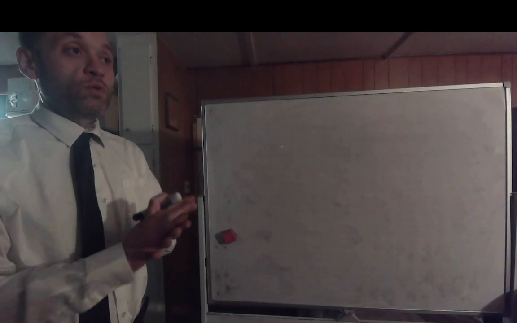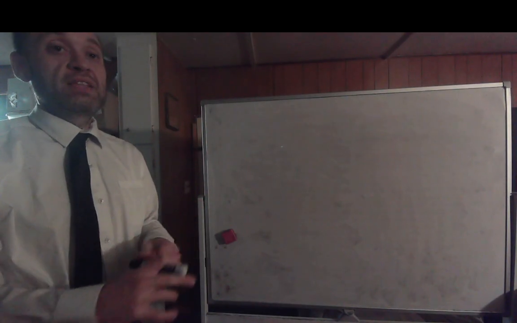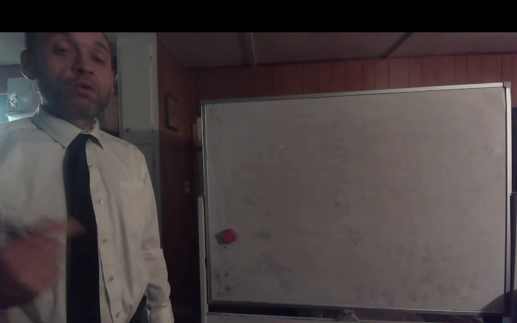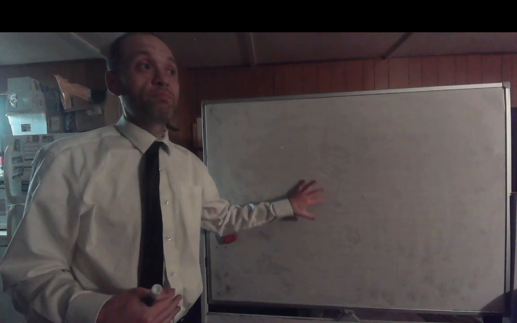But we found velocity before by taking the average of a couple of average velocities and getting an instantaneous velocity. Well, it works much the same way for instantaneous velocity as it did for what we just did with the tangent lines.